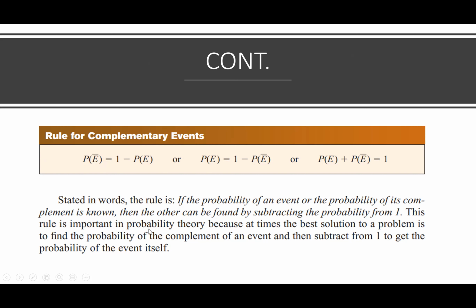This rule is important in probability theory because at times the best solution to a problem is to find the probability of the complement of an event and then subtract it from one to get the probability of the event itself.